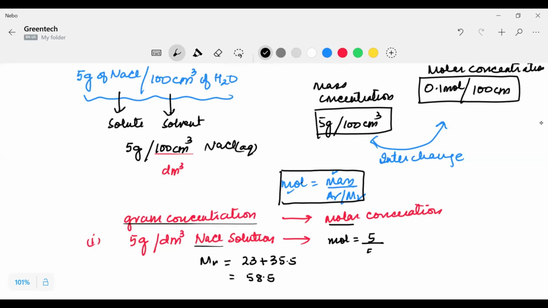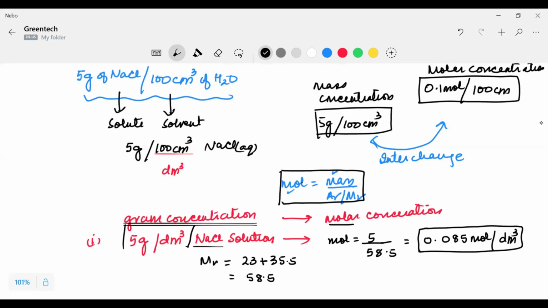So 5 divided by 58.5, what will be the number of moles? 0.085. So these many moles per dm cube. So I converted my gram concentration, which was 5 grams per dm cube of NaCl, into the molar concentration.